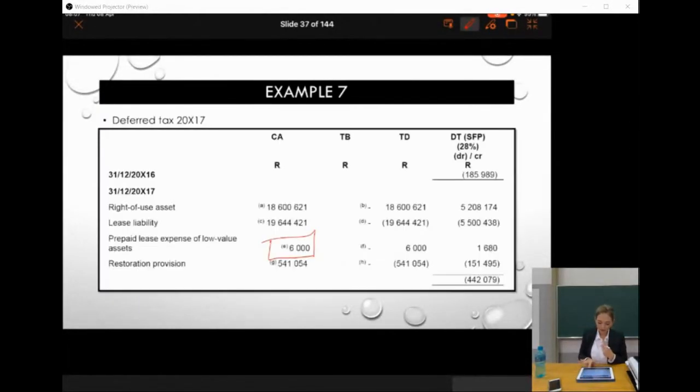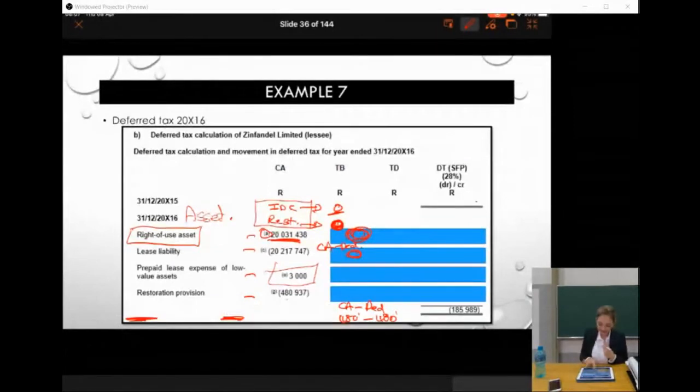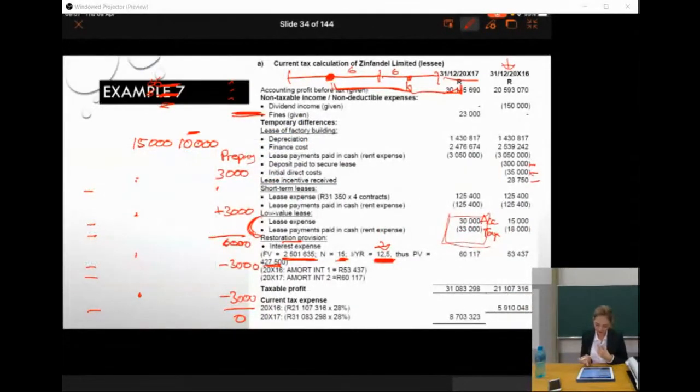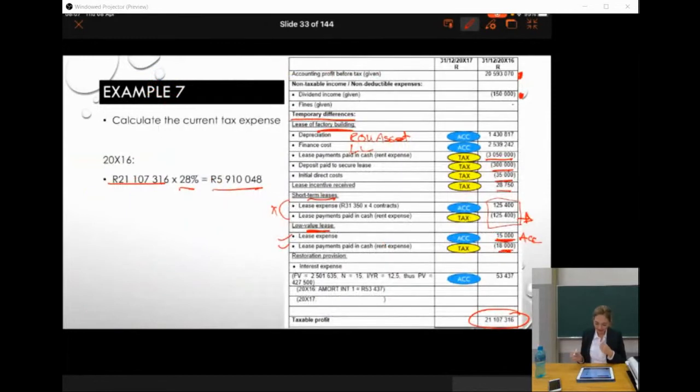Yeah, but remember, if we go to our current tax calc, where is that current tax calc? Remember the finance cost over here. What you are suggesting, I suppose, is that we just add a difference between these two amounts.